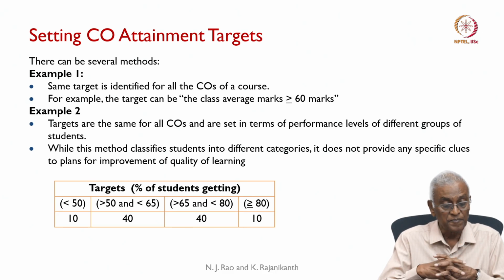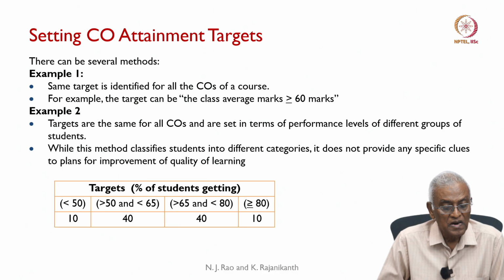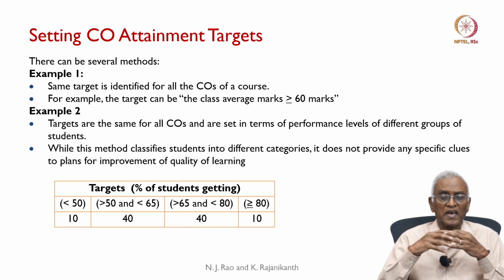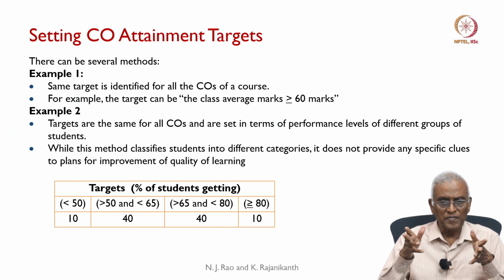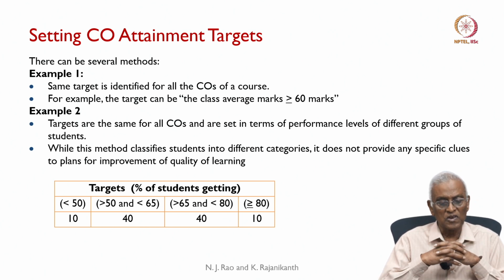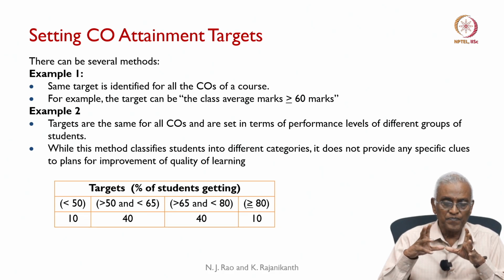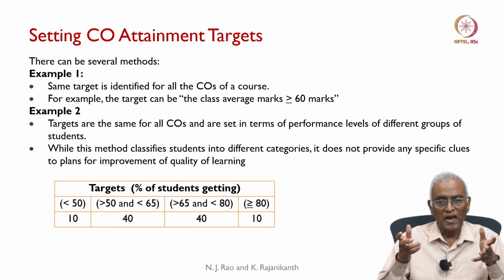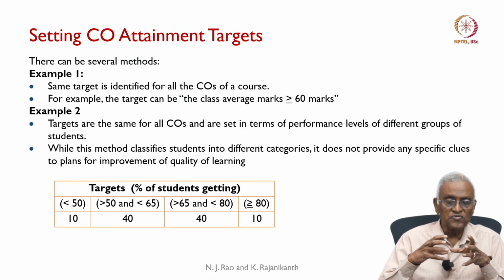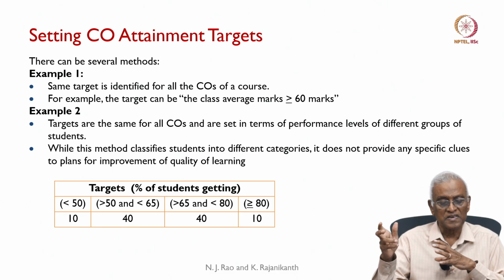That is one method. The other method is where targets still are the same for all COs, but they are set up in terms of performance levels of different groups of students. Because I acknowledge all students are not the same, I cannot expect all of them to perform equally, but I will try to group the students into 3 or 4 categories and then say what percentage of students should fall into these categories.